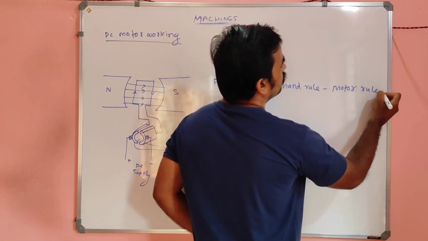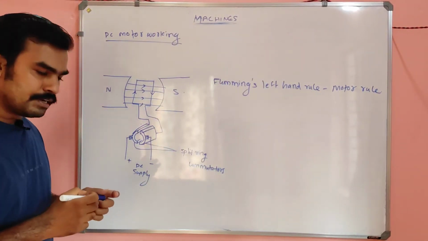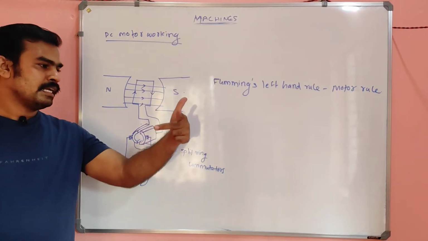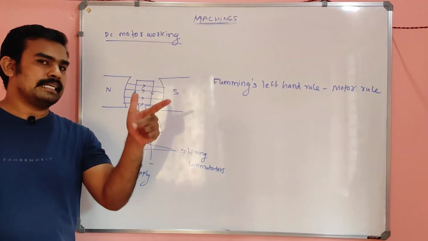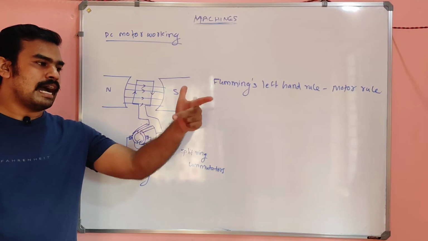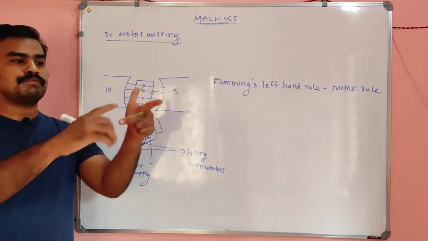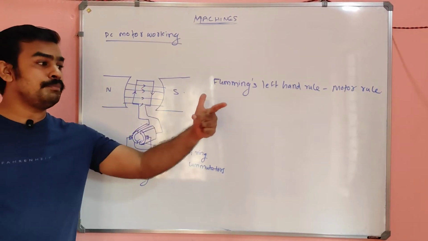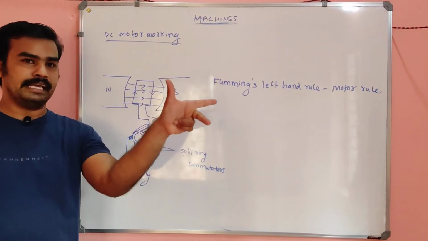By using Fleming's left hand rule, what it says is: take your left hand and arrange your forefinger, middle finger and thumb in mutually perpendicular directions like this.